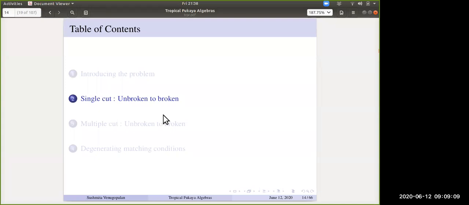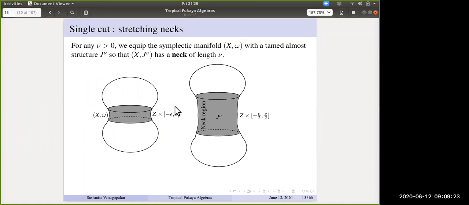I start with the case of a single cut when going from unbroken to broken. This is familiar territory because this is basically SFT, but I review it nevertheless. We want to say that holomorphic curves in this manifold X somehow correspond to holomorphic curves in the cut manifold. The way to arrive at this correspondence is by stretching the neck. By neck, I mean the neighborhood of the separating hypersurface.